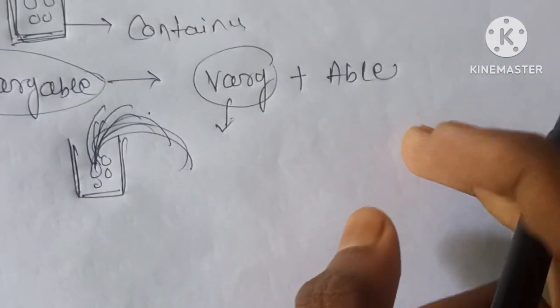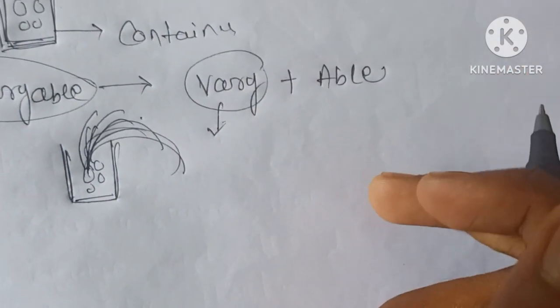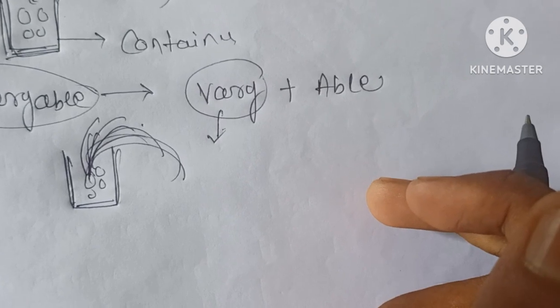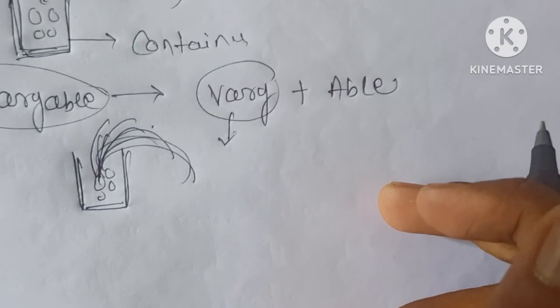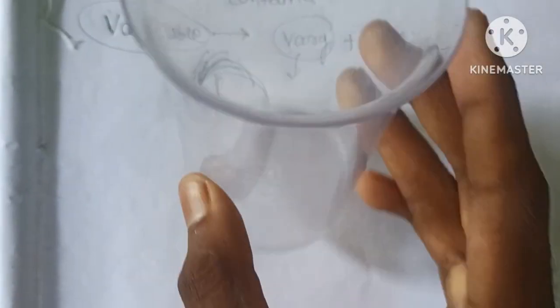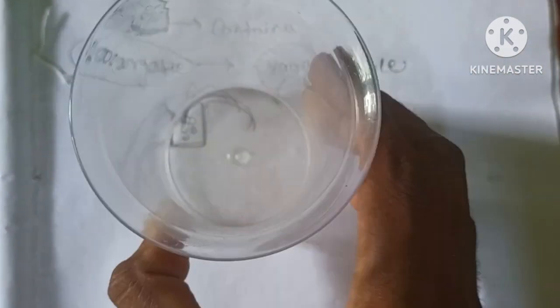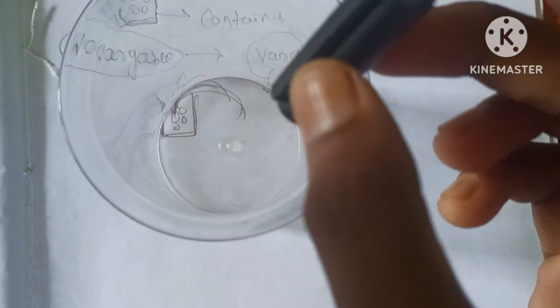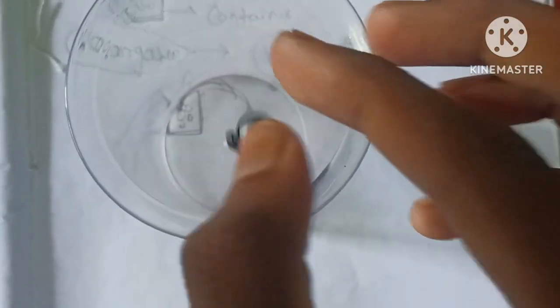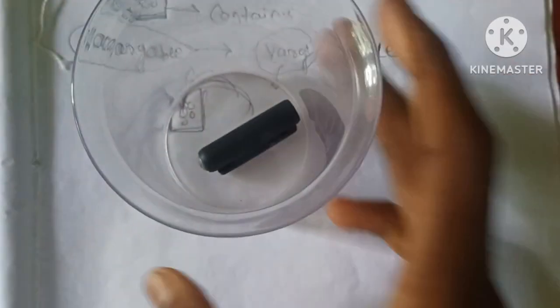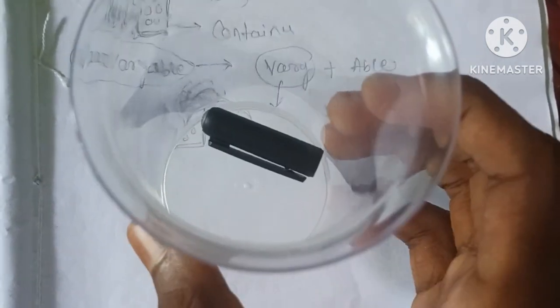Here I give you a real life example so that we will understand it better. Let us assume this is a container. Yes or no? This is a container. So here we store some values, means here we only store the cap. Okay. So now this is a variable. Why?